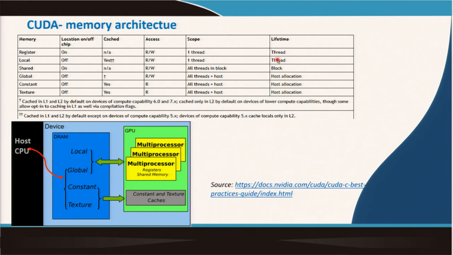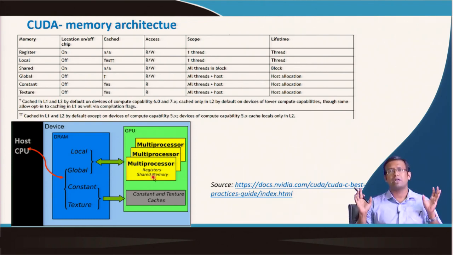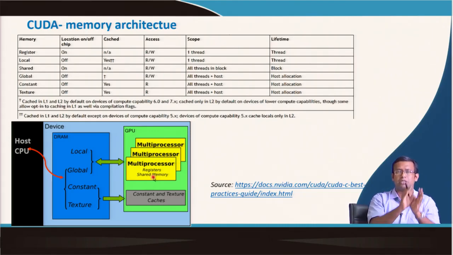Local memory is a part of the private memory. It resides in the device RAM, so it has slow access, but it is cached in L1 and L2. Shared memory, what we talk about here, is shared by all threads in the block. Shared memory resides in the multiprocessor. So when we assign a block, all threads in the block go to one multiprocessor, and shared memory is available to all the threads in the block.